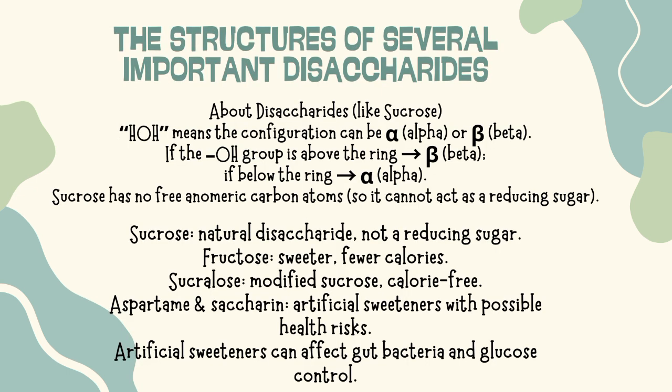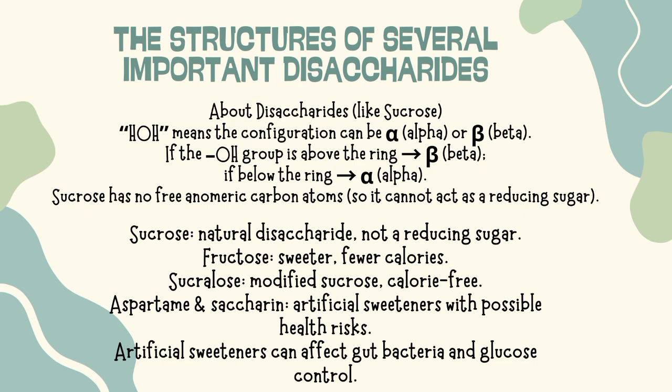The structures of several important disaccharides. These disaccharides are made of two sugars linked by a glycosidic bond. The alpha and beta forms depend on the position of the OH.